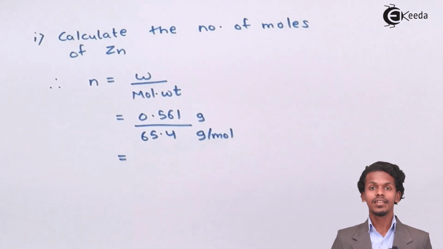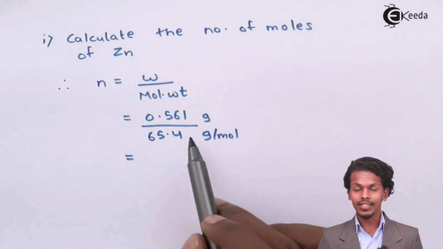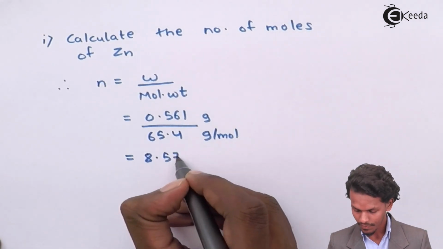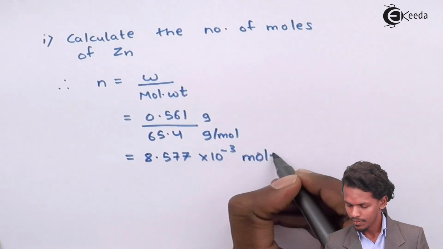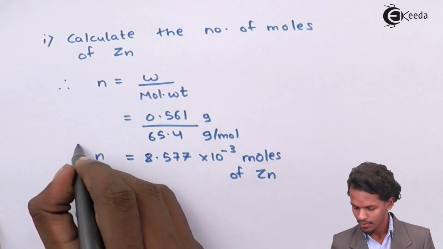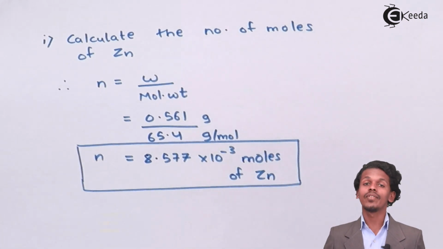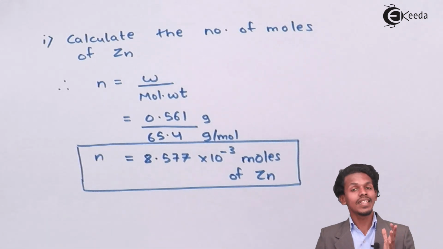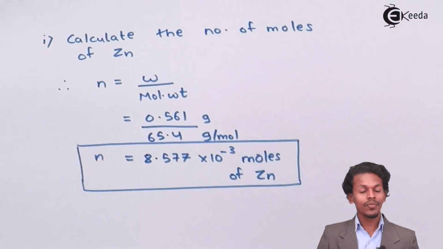So after evaluating this, we will get the value of the number of moles that we have calculated. And now this number of moles will be very influential in finding out the number of moles of copper.